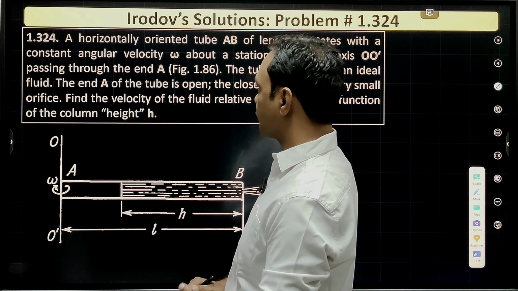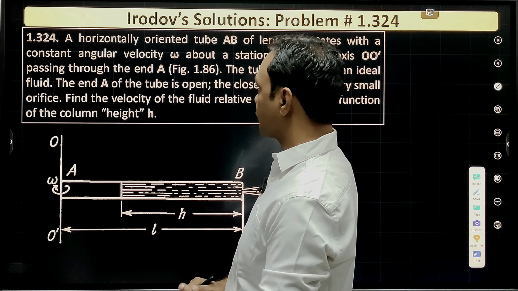So I got a differential equation of the variation of pressure along the axis at a distance x from the axis of rotation, dP by dx is equal to rho omega square x, and that I will be using here.